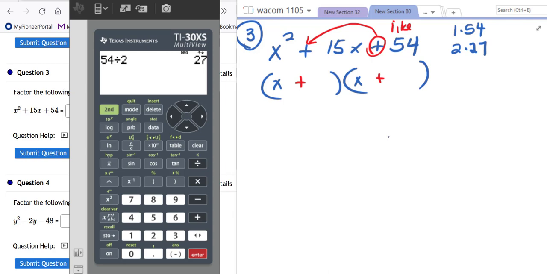Does 3 go in there? 3 will go in there. The reason I know that is because 5 plus 4, if I add the digits, gives me 9, which is divisible by 3, so the whole thing is, but I still need to know how many times it goes. 54 divided by 3, 18. Okay, I don't think that 54 is divisible by 4.